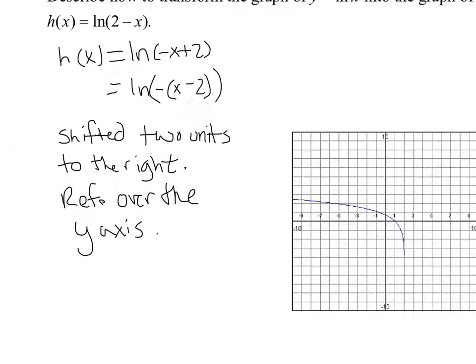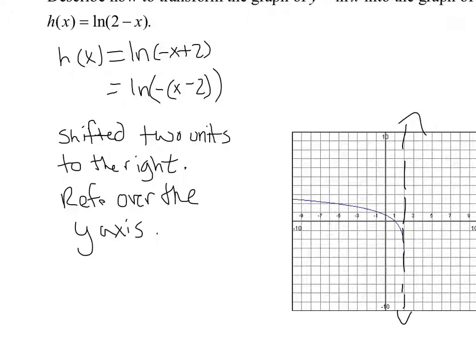This one still goes through the point 1 comma 0, but it was reflected. And see how, now look, this is why it was shifted right too. But it was reflected because now it goes from negative infinity and ends at 2.